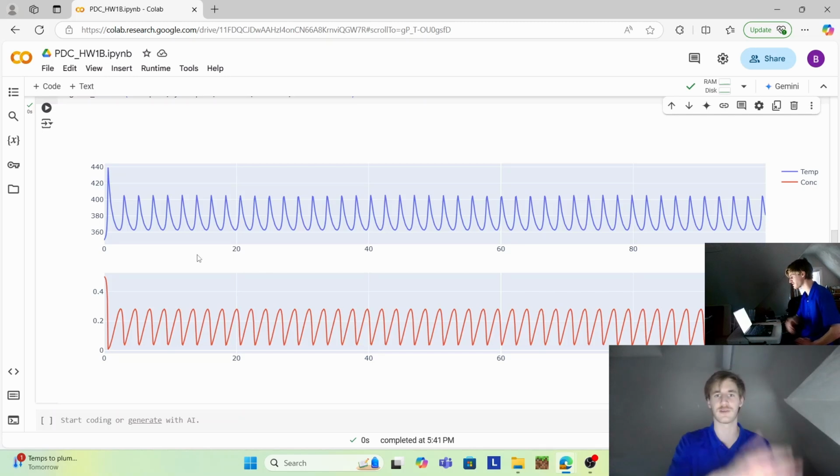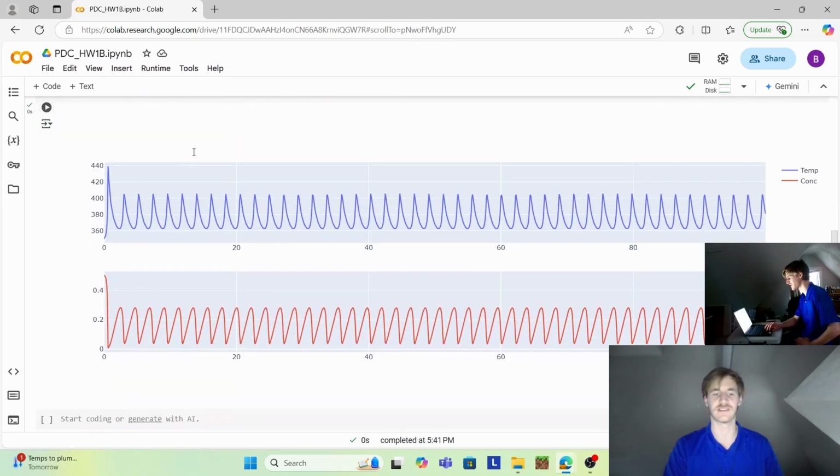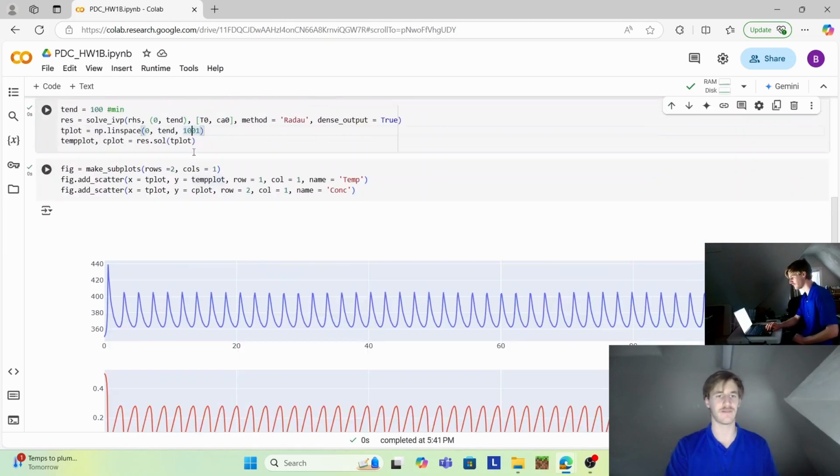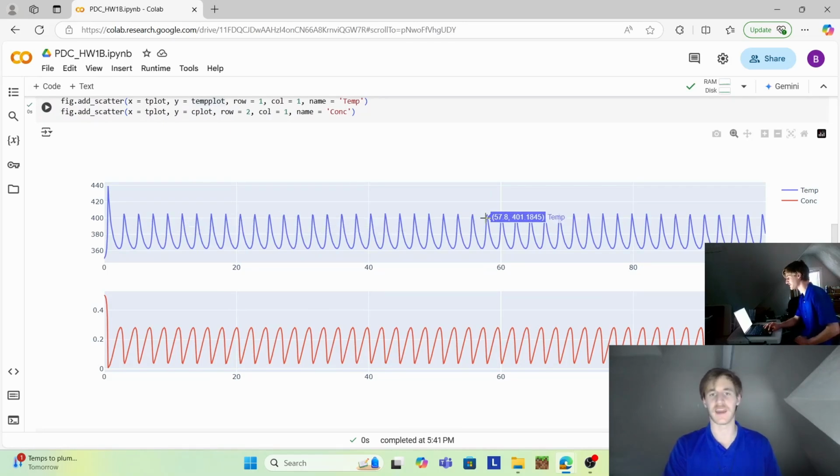The problem before was just that it was going to 1,000 minutes, but it didn't have very many steps. Now we have it only going to 100 minutes and 1,000 steps, and it's not appearing to have any decrease. Maybe like a degree over 100 minutes. So not really dwindling very much.